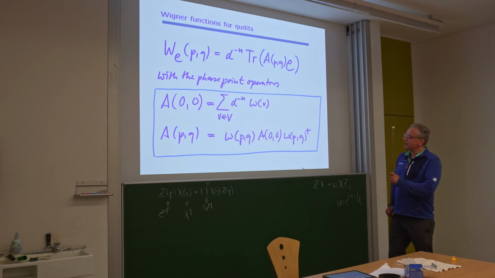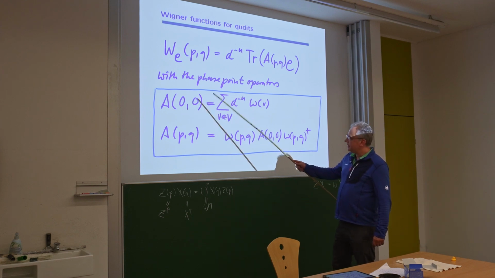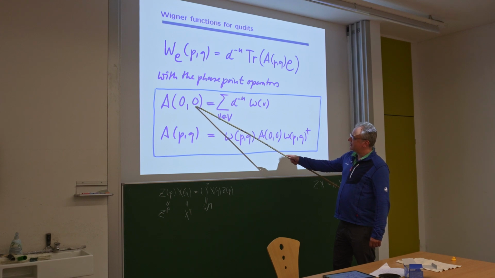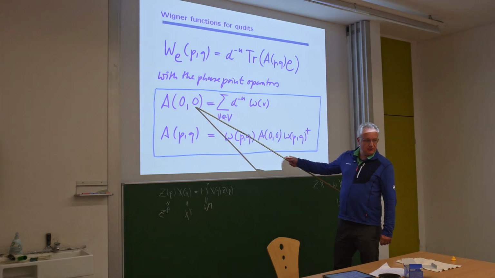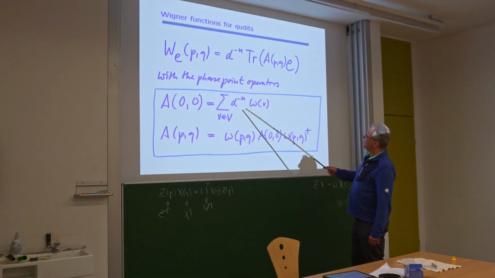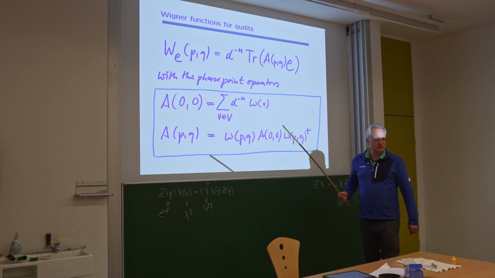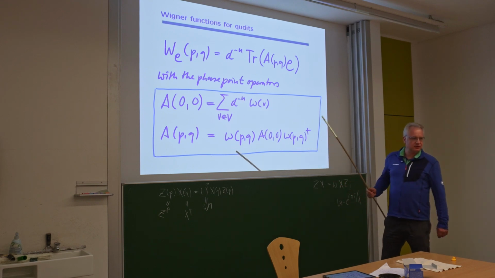The way we do it, we define the phase point operator first, the single phase point operator for the origin of our phase space. And it looks like this. This is not a typo here: we have this normalization factor twice.